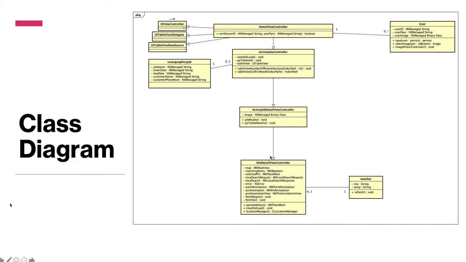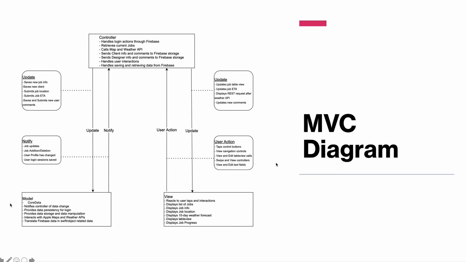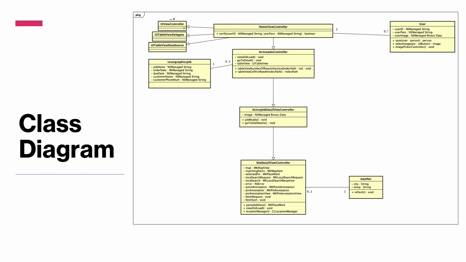Now, if you do happen to go to Site Details, you'll be pushed over to the Site Detail View Controller, and this will have the map view as well as a weather view.